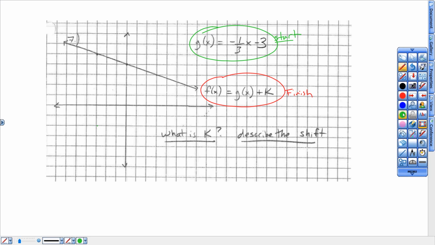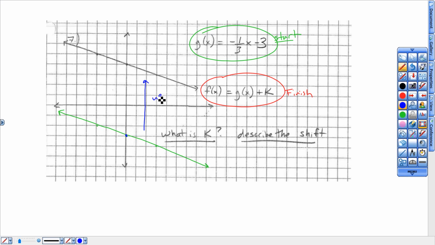So find -3 on your graph and know that these slopes, over 1 down 3, are always going to be the same parallel slopes. For these linear transformations, all you're doing is either moving the line up or down the y-axis. So you can see if it's starting here and it's ending up there, it's moving up.